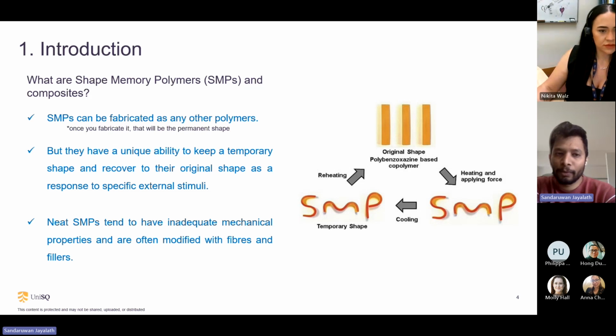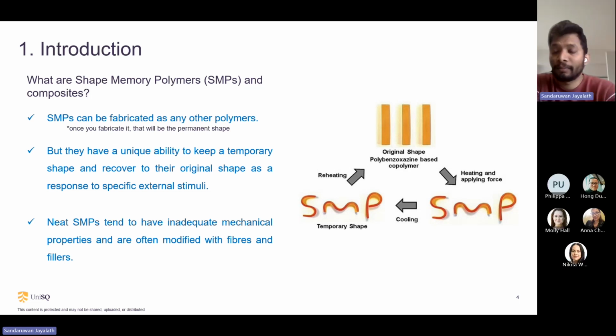So when it comes to the introduction part, basically I will be introducing what a shape memory polymer is. Sometimes you might already know some of it. Basically, shape memory polymers are just like other polymers. There are thermoset polymers, thermoplastic polymers, and the only added advantage they have is the shape memory property. Usually when we fabricate the polymer, that will be the final shape or the permanent shape of it.